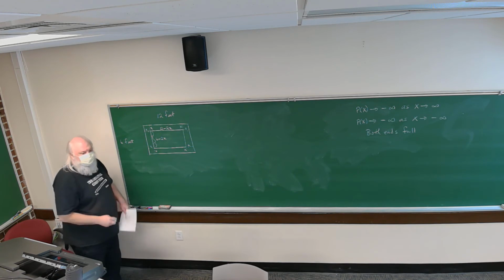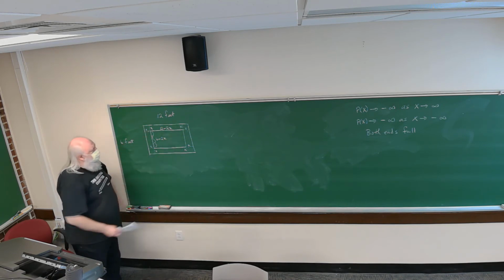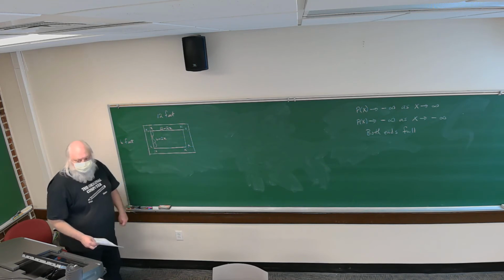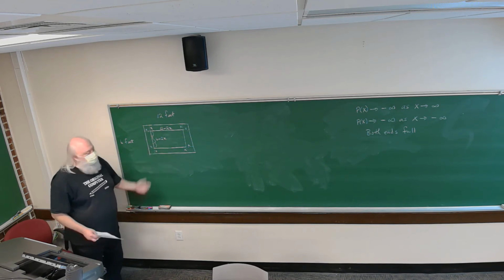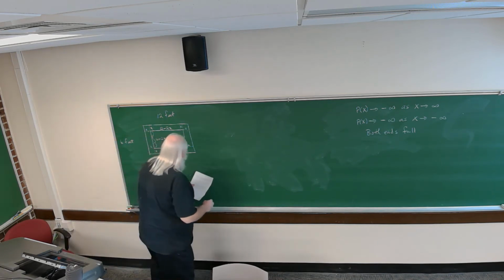So the width of the box is 6 minus 2x, the length is 12 minus 2x, and the height of the box is going to be x feet, because these flaps, as I call them, get folded up to form the height of the box.